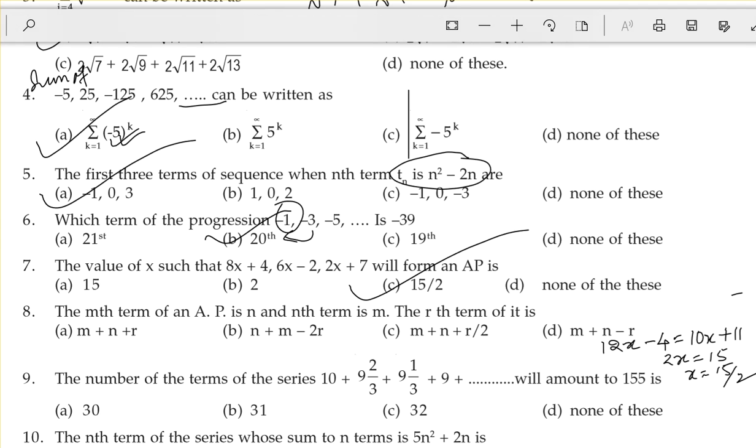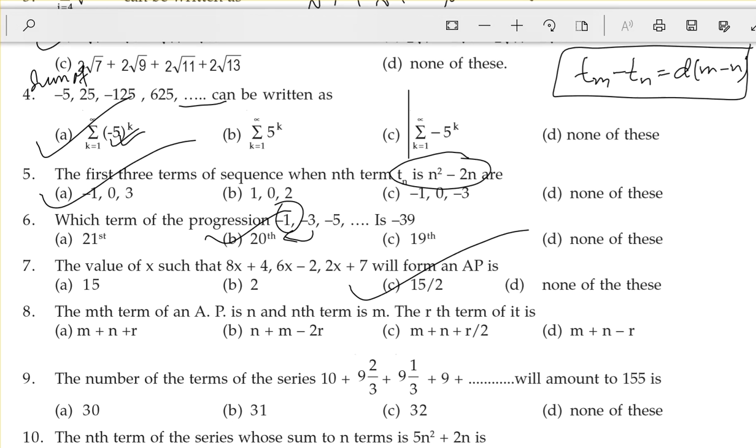First of all, we must remember that we have a formula: Tm minus Tn is equal to d times m minus n. We must remember this. Now we have the question: Tm is n and Tn is m.